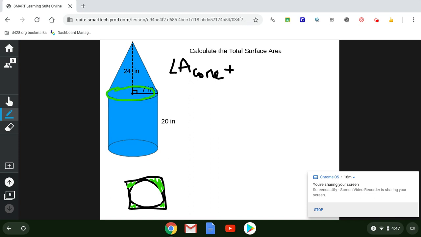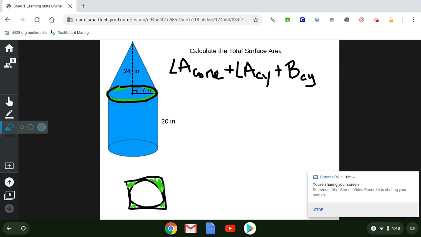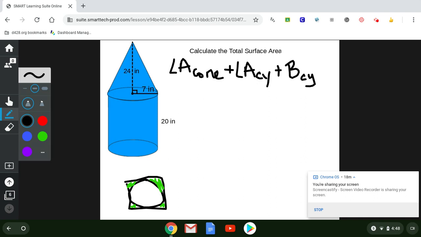And I will need to find the lateral area of the cylinder. I only need the area of one base of the cylinder, because the other base is with the cone's base and they're inside, not exposed to the air. So I don't need to add that in. All right, that's my game plan for finding the total surface area.